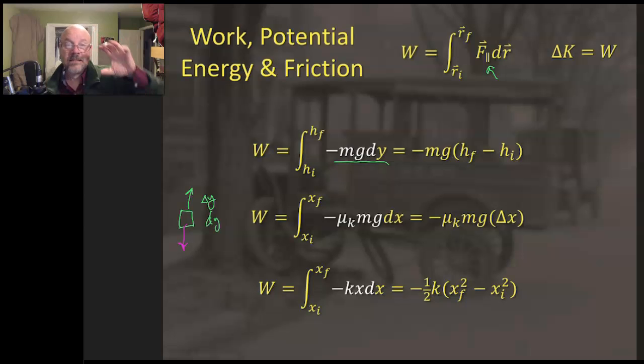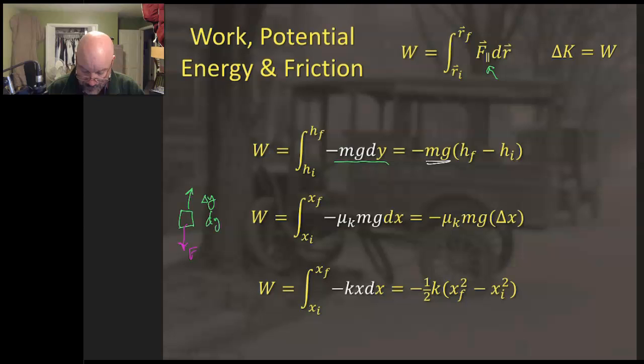As long as I lift it straight up, the interaction of my force and my distance creates a negative sign. And that's where that negative sign comes from. Now what we'll do is integrate. g is a constant, and that just comes out front.